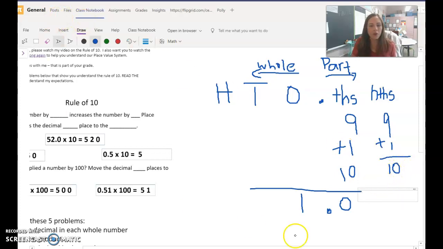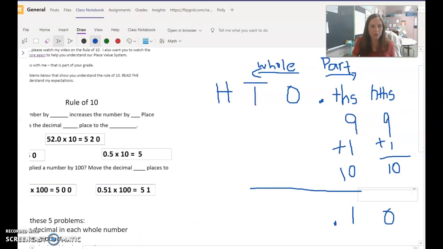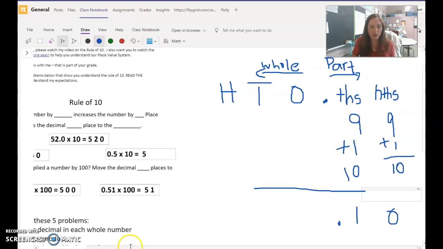So I would move up. I'm going to erase what we did here. Move up to 1 tenth and 0 hundredths.